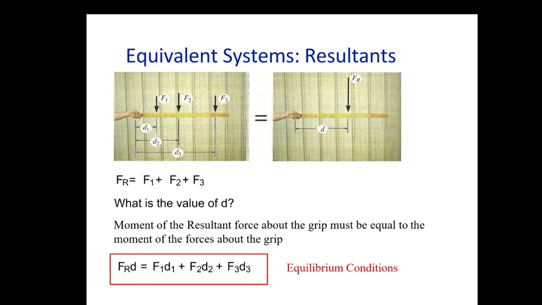So this is the condition of equilibrium. For the strip to be in equilibrium, this statement should be satisfied, that is the moment of a resultant about any origin point will be equal to the moment generated by the individual forces about the same point.